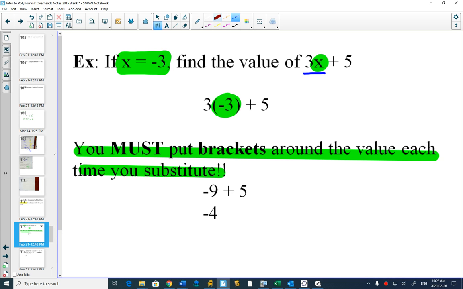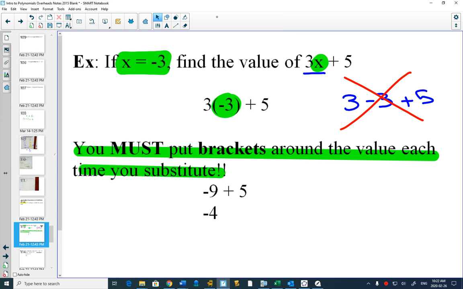If you didn't write the brackets, if you went 3, -3 plus 5 and substituted the -3 for the x, can you see that that looks like subtracting and not multiplication? So if we don't have the brackets, we might do the wrong operation.